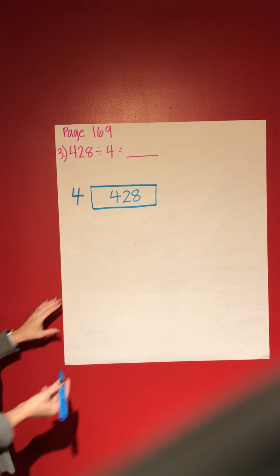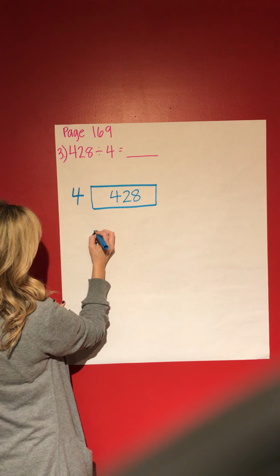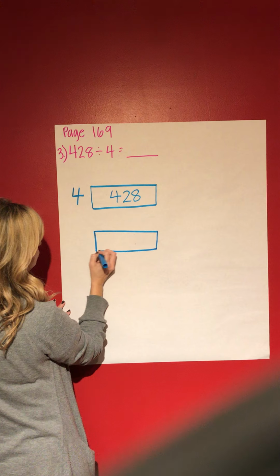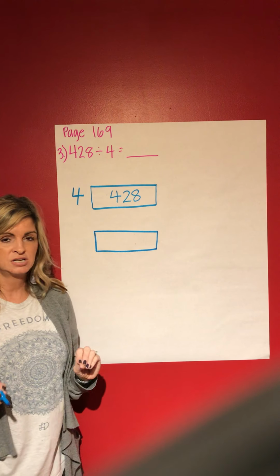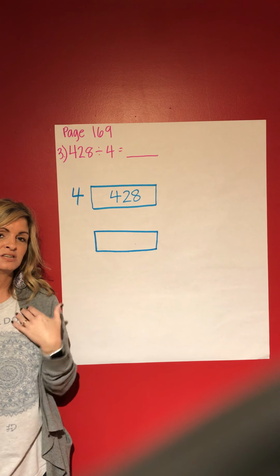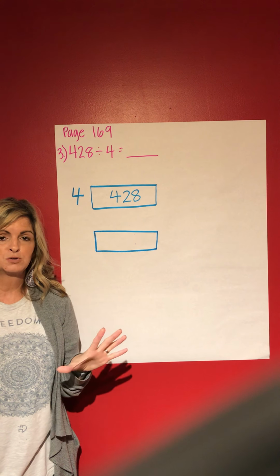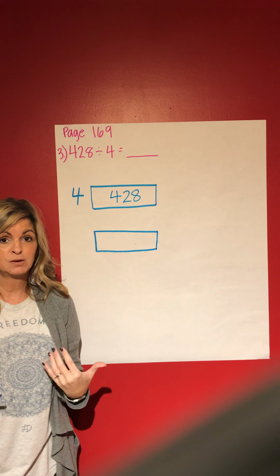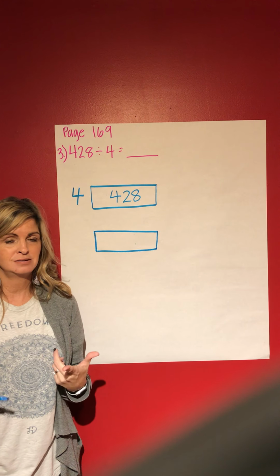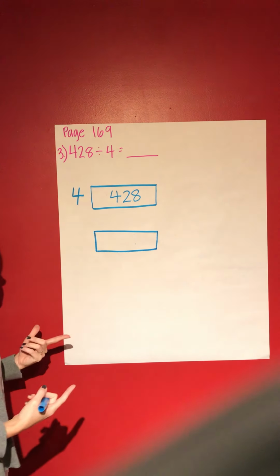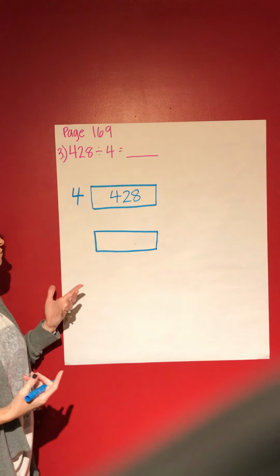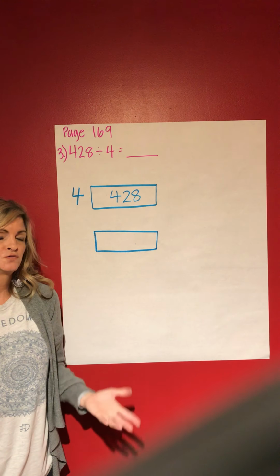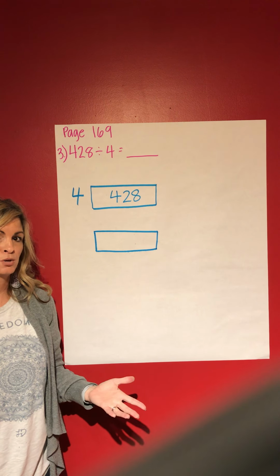So I can divide this rectangle here into 2 different parts, if I can figure out a way that's easy for me to break that number apart to make it easier to work with. And one of the first things that I recognize, and I hope you recognize, is, hey, I know that 4 times 100 is 400, and that's really easy for me to work with.